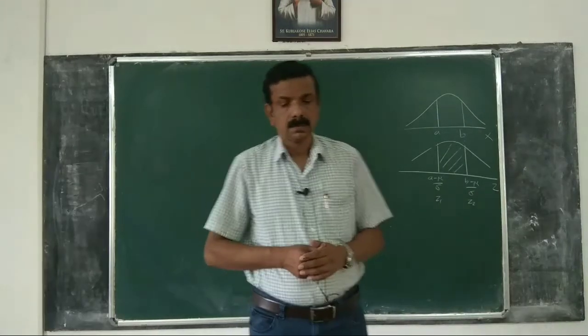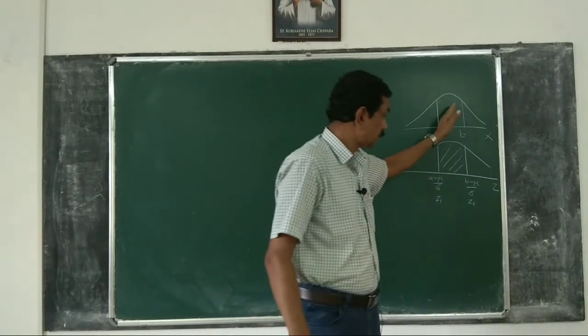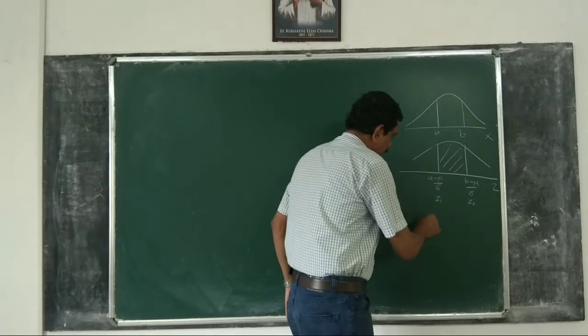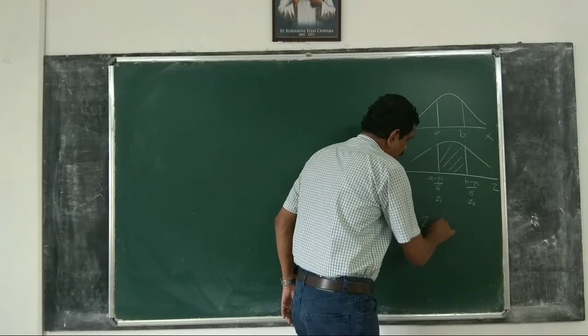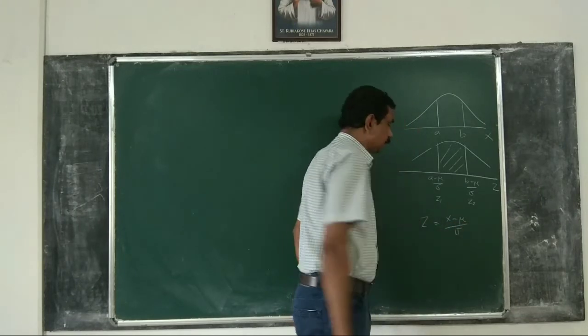Now, we know how to convert X into Z simply by subtracting the mean and dividing it with sigma.